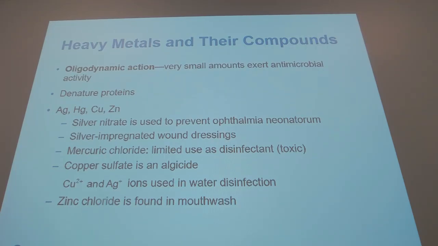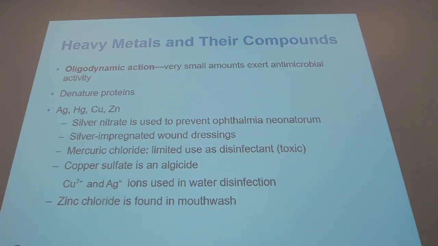But copper, zinc, like copper is an algicide, can be used for cleaning fish tanks. Silver can be used topically for burn patients. Silver nitrate drops can be used in neonates.